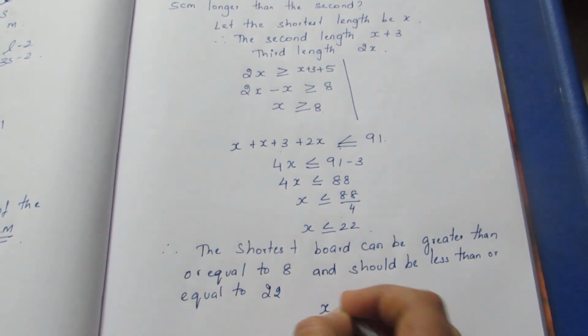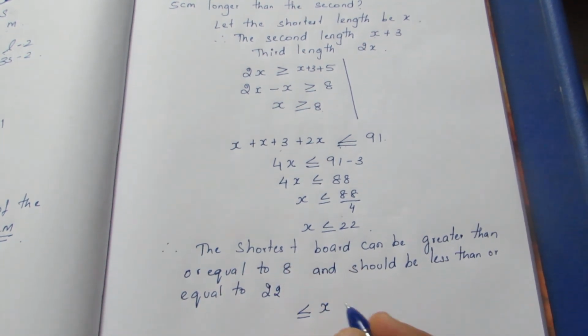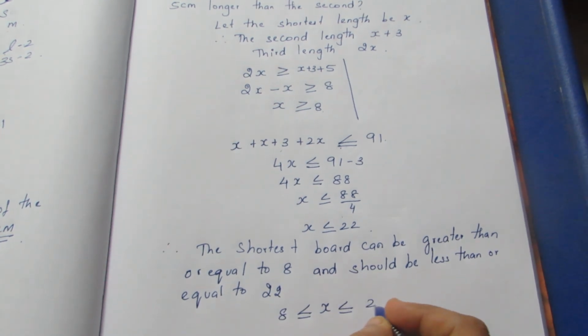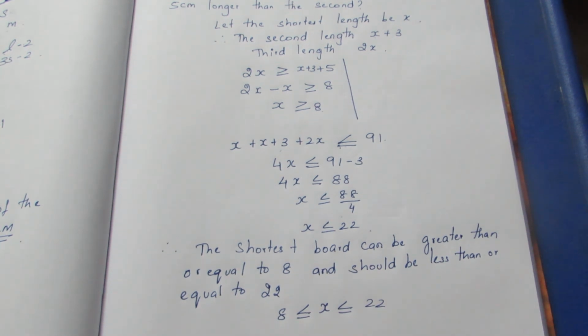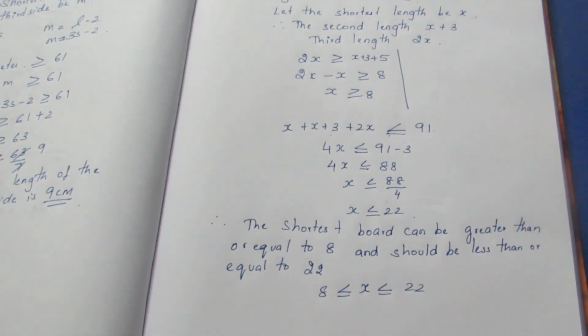That means x can be greater than or equal to 8 and less than or equal to 22. This can be your final answer. This will be the shortest length of the board.